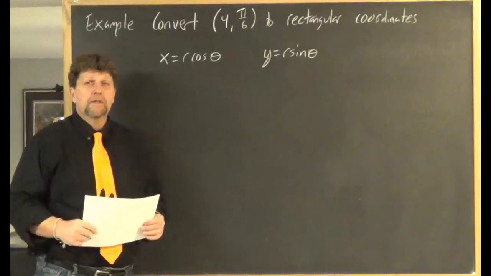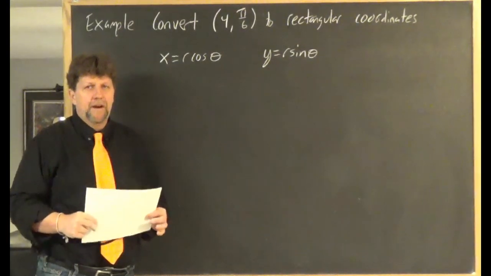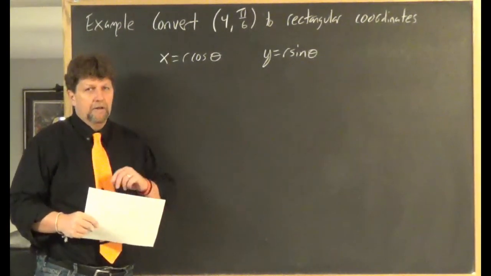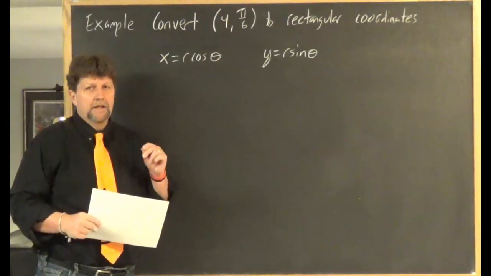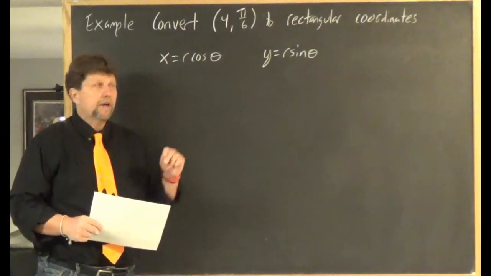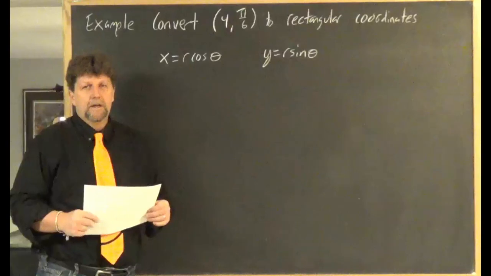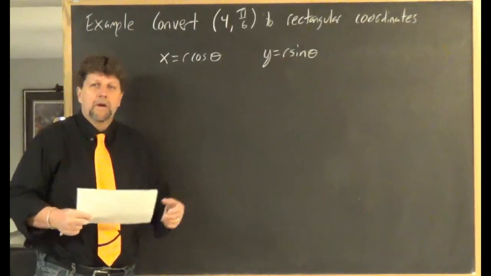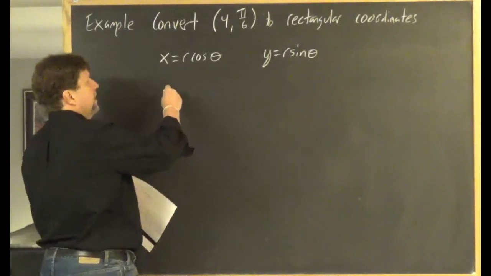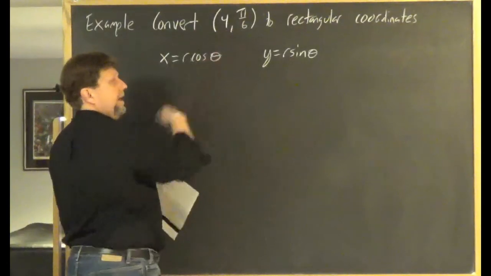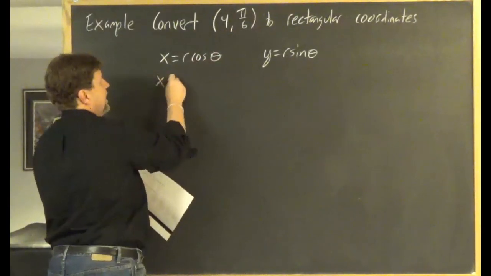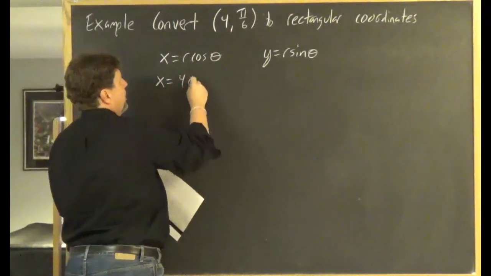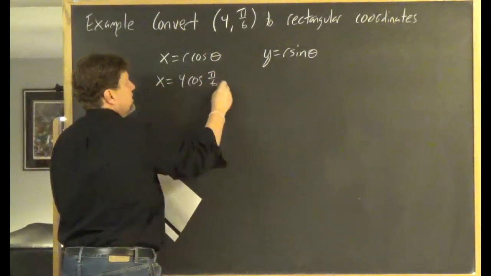Knowing these conversions is going to be very, very important. It's going to make your life a lot easier in doing the calculus of polar coordinates if you know these conversions. Continuing though for this one, r is 4, theta is pi over 6, so just toss that in here.